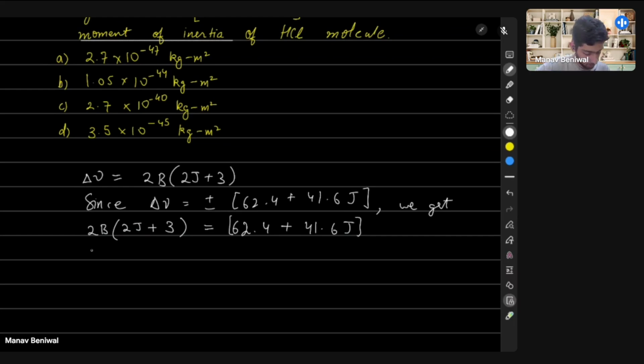Okay, so let's do a little arithmetic. Let me take out this 2 as common outside, so this becomes j and this becomes 3 by 2. Similarly, let me take out this 41.6 outside, so this becomes j and this becomes 62.4 divided by 41.6.